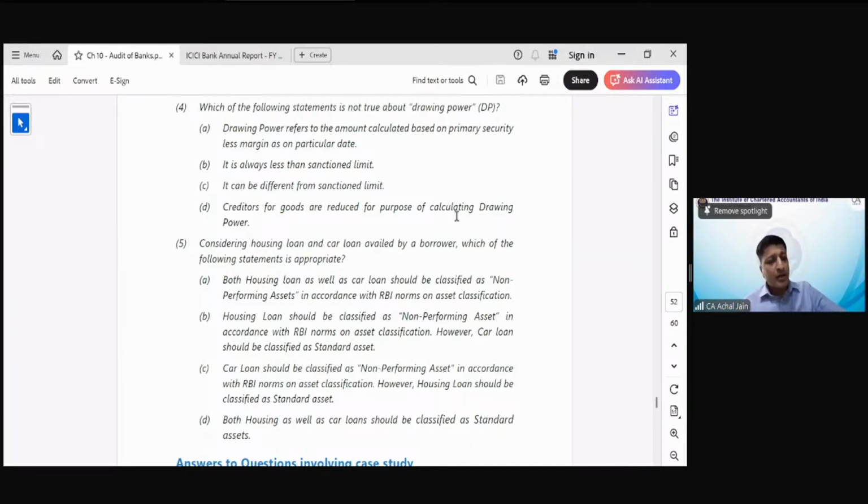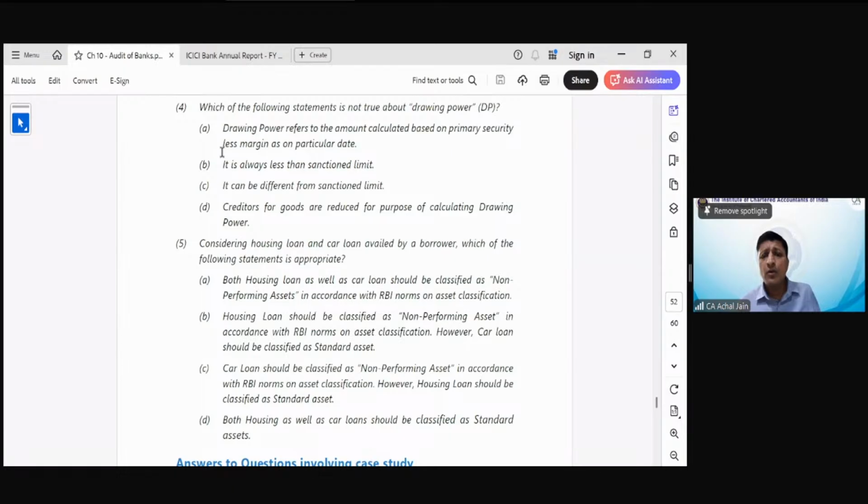If you think about it logically, I think option number D clearly is incorrect. Option number D is clearly illogical. So D is not possible. Then if you look at the loan, the housing loan is overdue for 120 days.